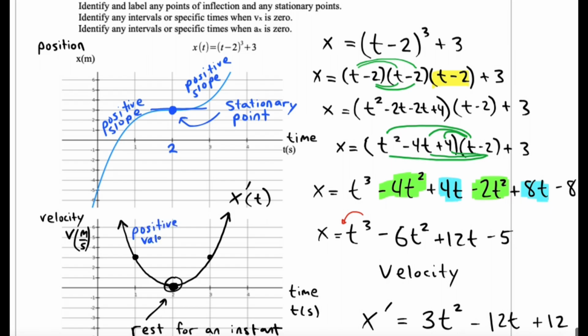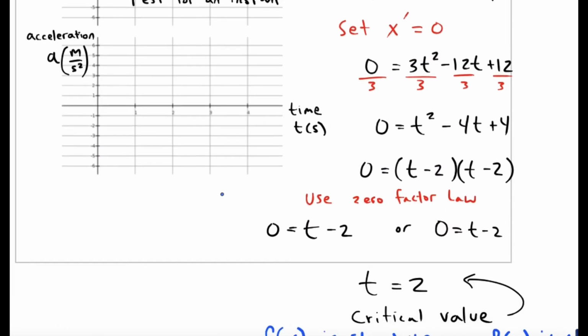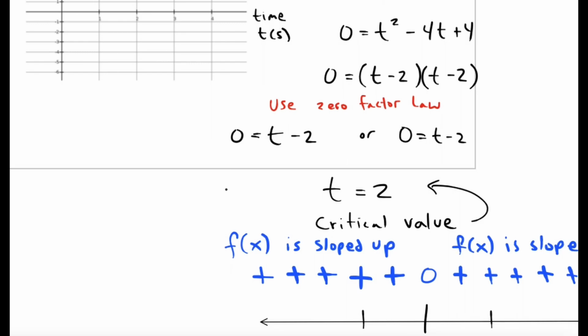We see that positive values here correspond to a positive slope in the graph above. And positive values over here also correspond to a positive slope in the graph above. But here we have a 0 for the derivative, and that is a place where our object is just at rest. Next, we got to do the second derivative test.